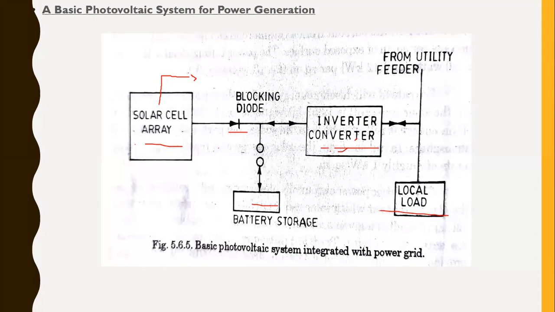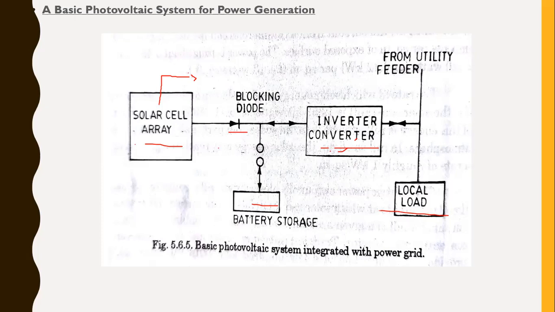It also contains some suitable equipment at the output only. At the output we can have a step-up transformer if required, and some filtering equipment, power factor correction circuits and power conditioning circuits.